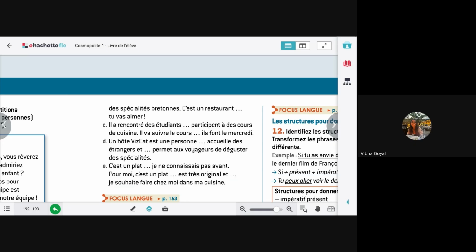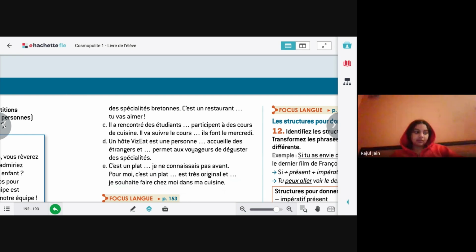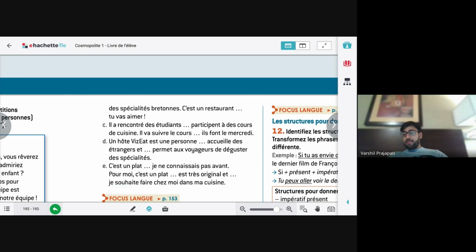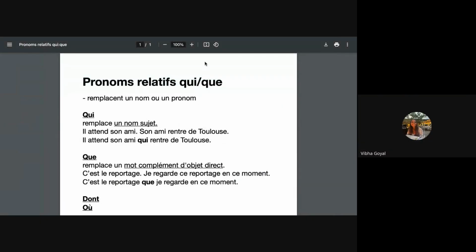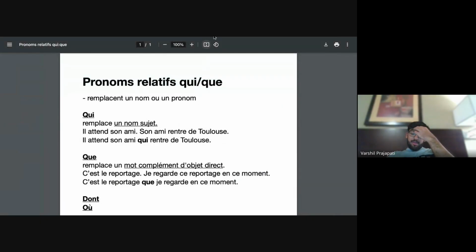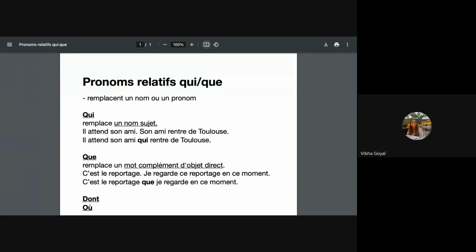Is this clear? Yes. For QUI, it is mostly used for people. As I read in some lesson in the Cosmopolite, they also use it for places. That's another one, OÙ, for places mostly.